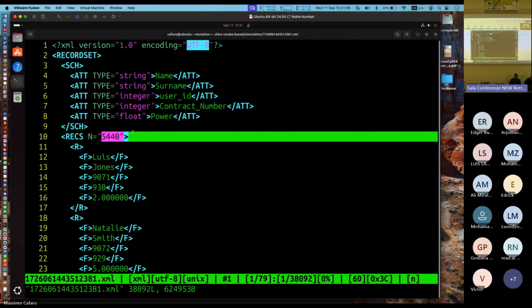Okay, right now we got back 5,440. So we decide the time limit we allow our query to run in a distributed fashion, and it's a best effort procedure. If we want to limit the time, we get back not all the records. It's up to us. Anyway, this is not a big problem.